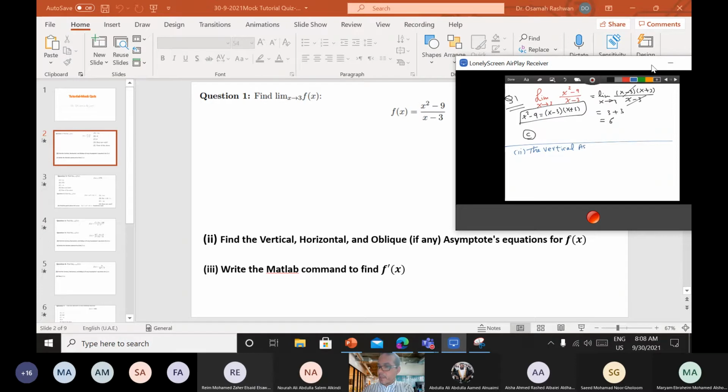You just take the denominator and put it equal to 0, so it will be x equal to what? 3.